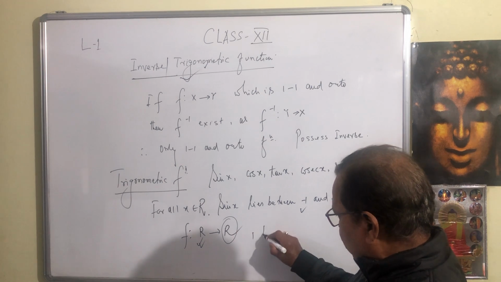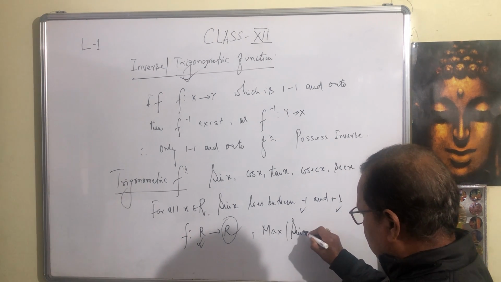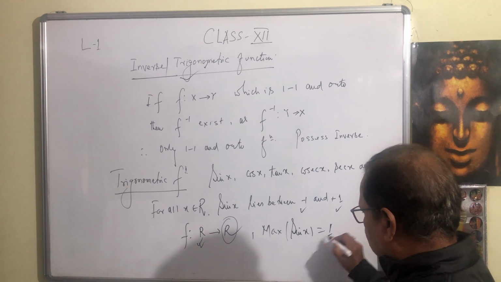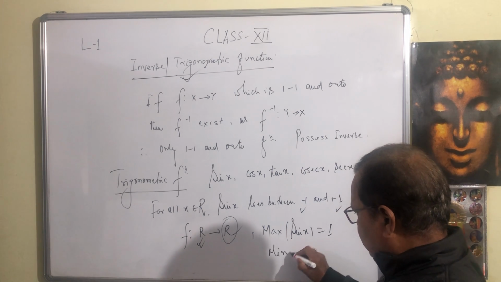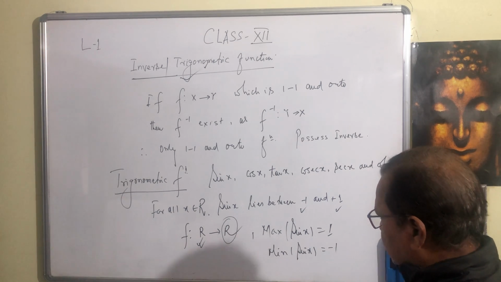We can have here max sin x is equal to 1 and min sin x is equal to -1.